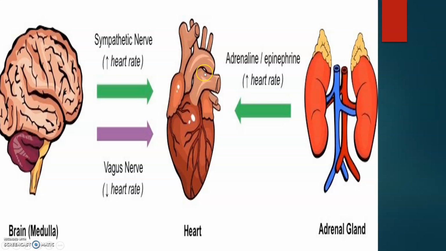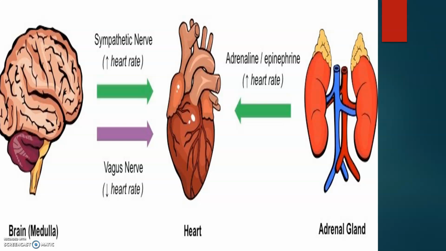Now, the heart, in addition to being controlled by the modes that we discussed, sympathetic and parasympathetic, is also controlled by the hormones released by the adrenal gland called adrenaline or epinephrine, which also helps in increasing the heart rate. Adrenaline is also called the triple F hormone.